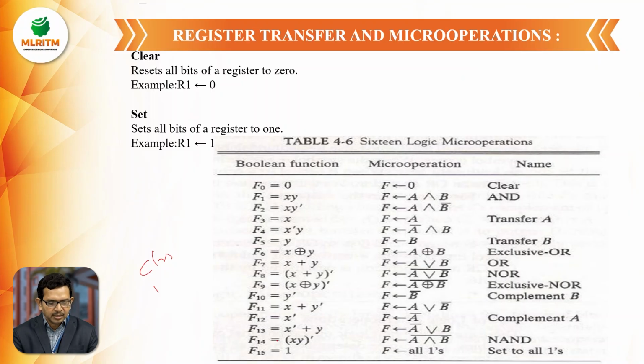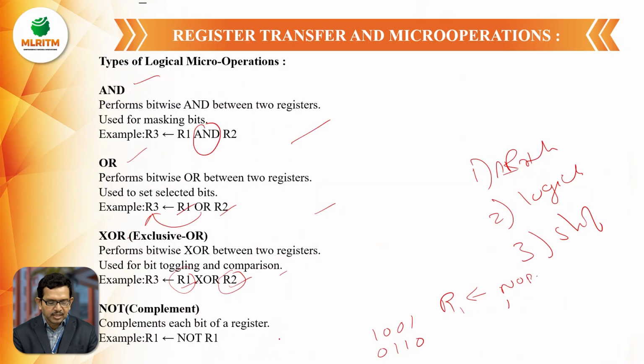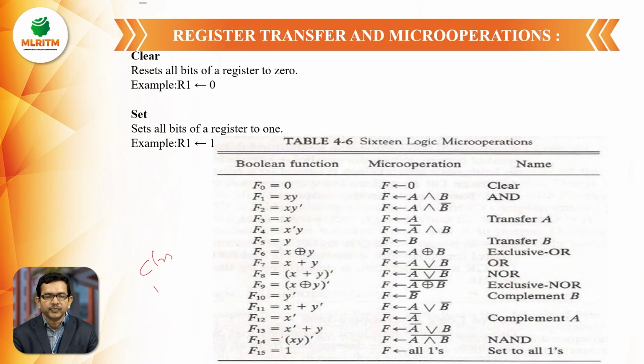The operations AND, OR, XOR, NOT, clear, and set are the basic operations which we use frequently. Apart from these, we have different types of operations, and that list we identify in the Boolean functions B0 to B15.